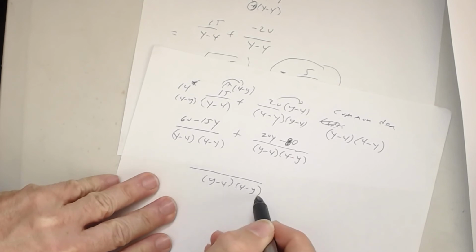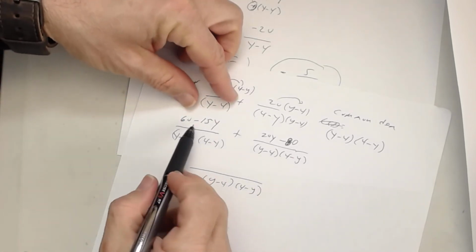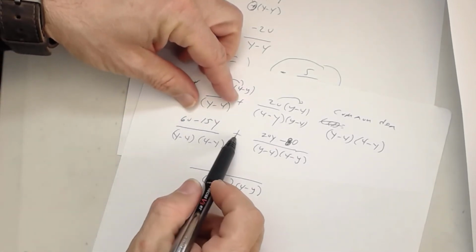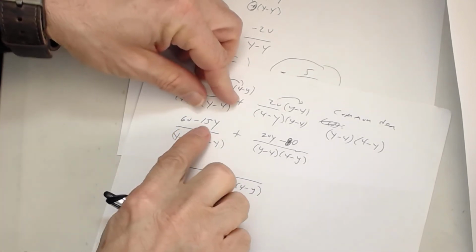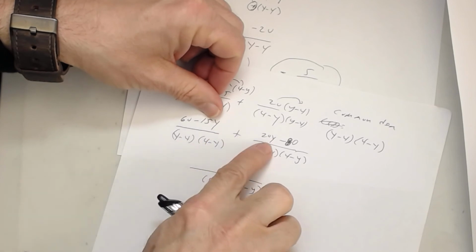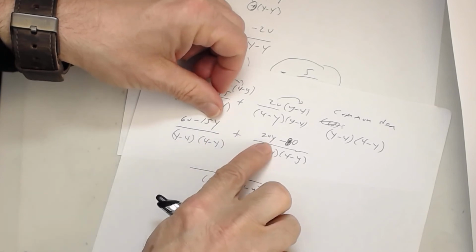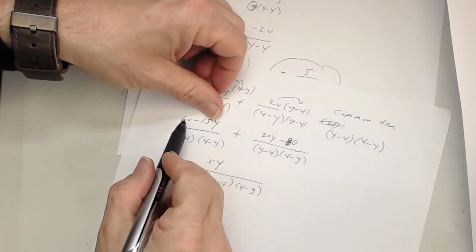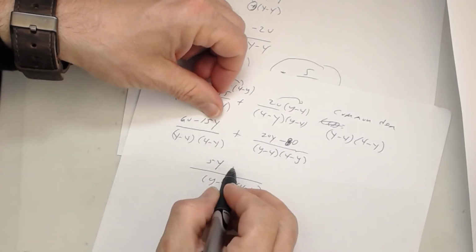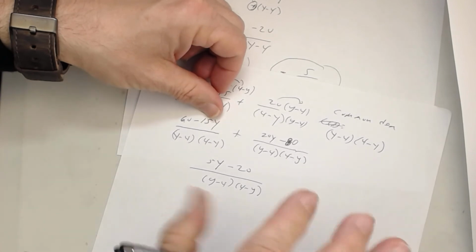Okay, now watch. Let's add these two. Adding's easy. Subtracting, you need to be a little bit careful. Negative 15y and 20y is 5y. 60 and a negative 80 is negative 20. So that's where I'm at.